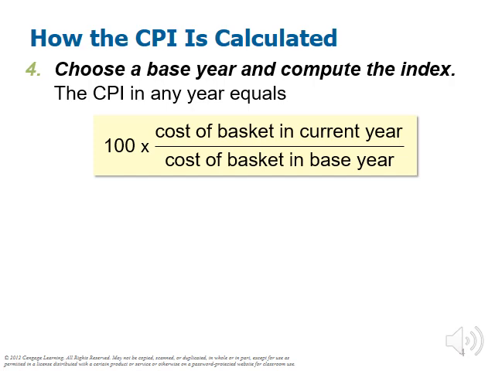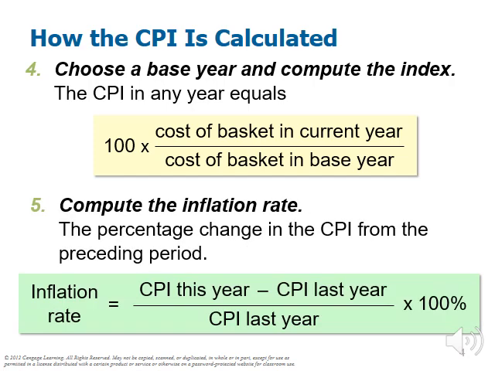Once we have our index number, we can compute the rate of change in that index number in order to give us the inflation rate. We've done this before. This is simply a rate of change formula. We did it with the GDP deflator, we did it with real and nominal GDP, and now we're calculating the inflation rate as the percentage change in the CPI.